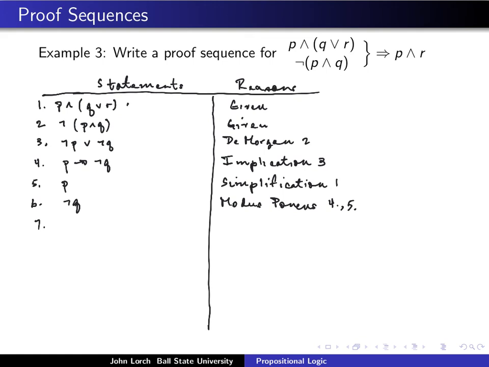We already used simplification to infer P. We could also use simplification to infer Q or R. And remember, Q can be written as not not Q, or R. Remember, this not here only modifies the stuff that's immediately next to it.